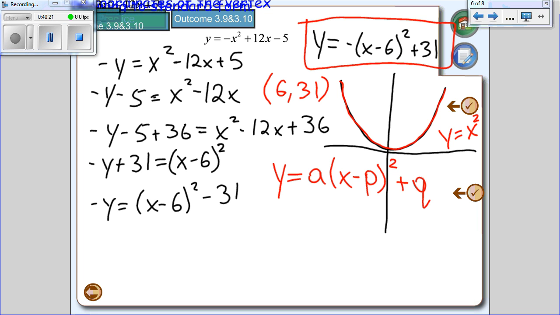It tells me how far right I've moved, how far up I've moved, and my axis of symmetry. Knowing the vertex, you know everything. The only thing you don't know is if it's up or down. That's what a tells me.